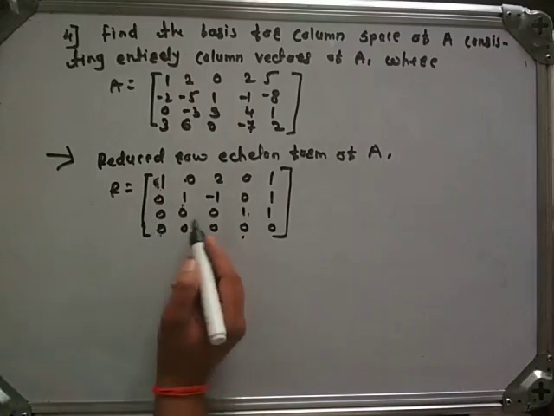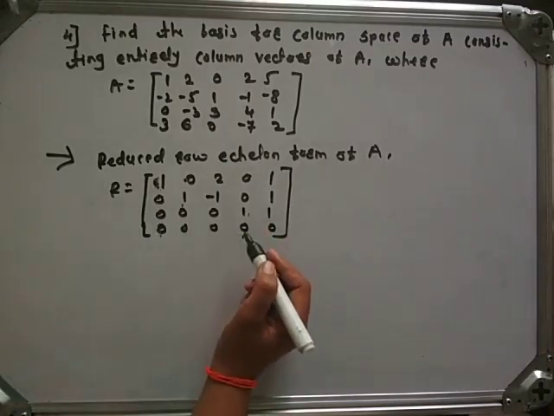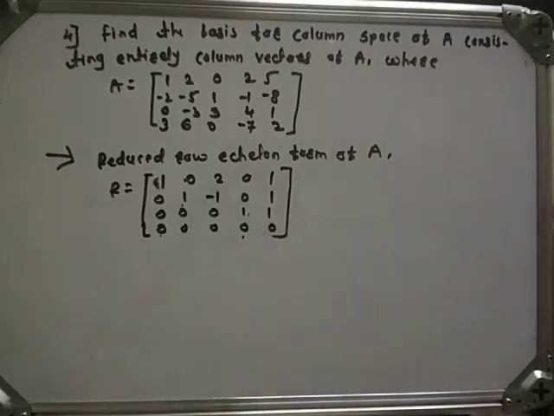So columns C1, C2, and C4 form a basis for the column space of R.